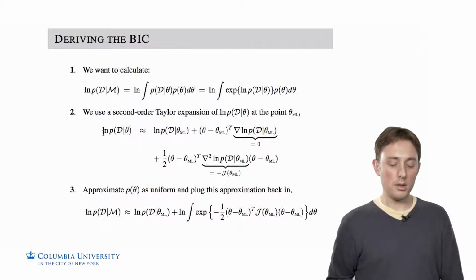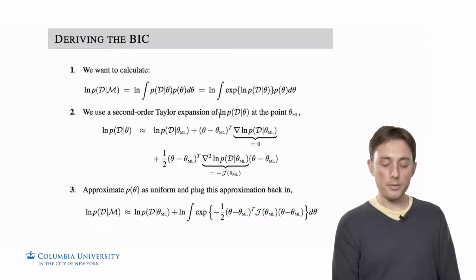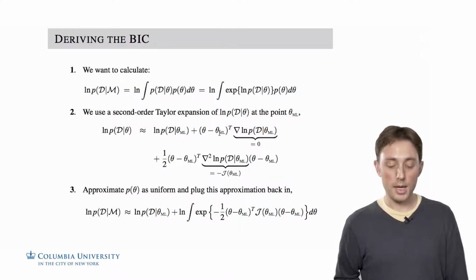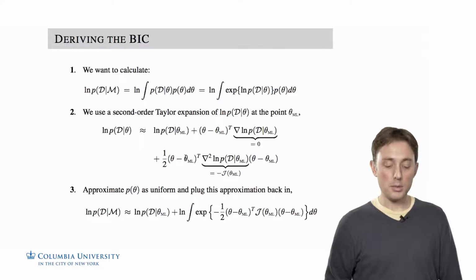And we now approximate the log of the likelihood of D given theta with the log of the likelihood of D evaluated at the maximum likelihood solution, plus a first-order term, which notice is a free function of theta, and in both of these two locations we evaluate the gradient at the maximum likelihood solution, and we take the difference of theta with the maximum likelihood solution here, plus a second-order term, which is 1/2 times the difference of theta from the maximum likelihood solution on these two sides, and here we have the matrix of second derivatives of the log of the likelihood evaluated at the maximum likelihood solution.